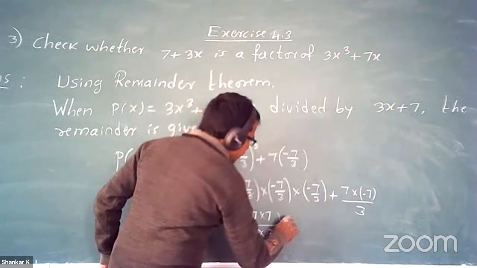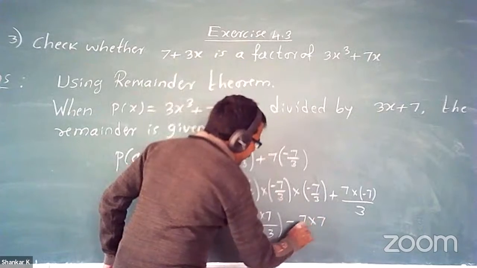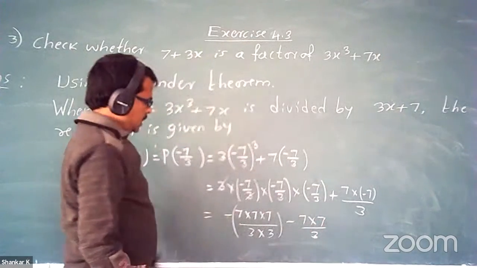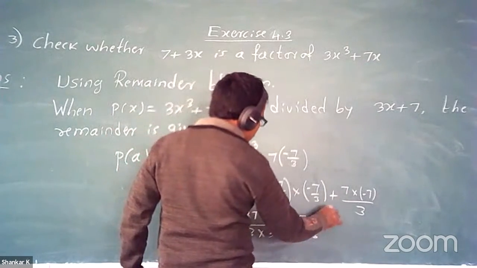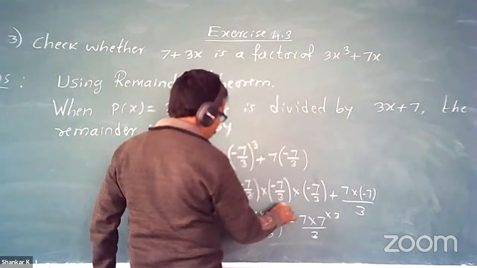Here minus 7 into 7 divided by 3. LCM is 9, so one 3 is missing here.